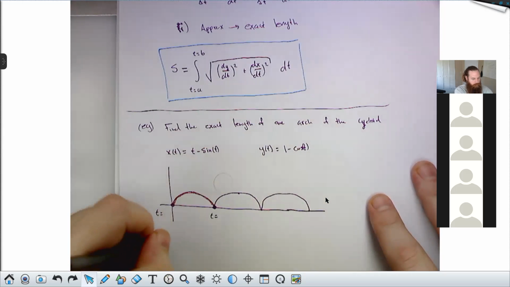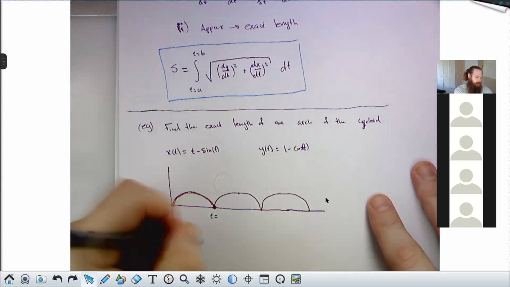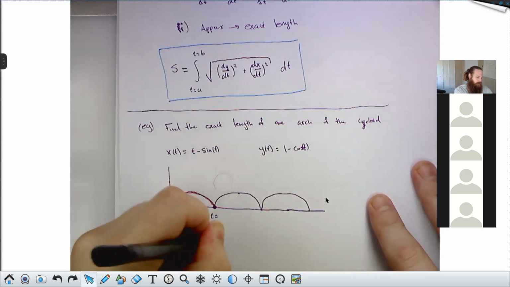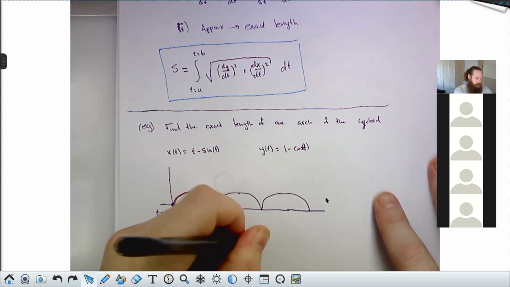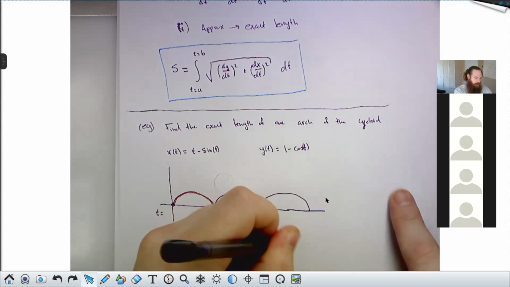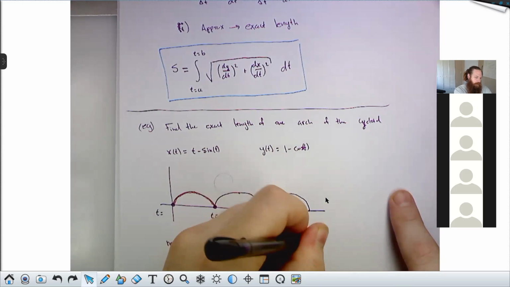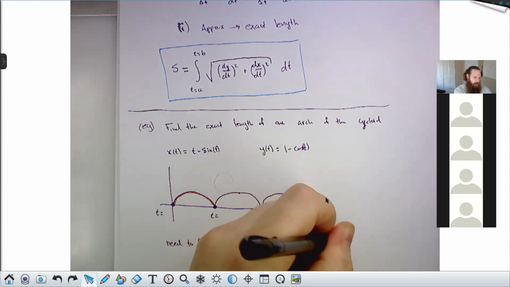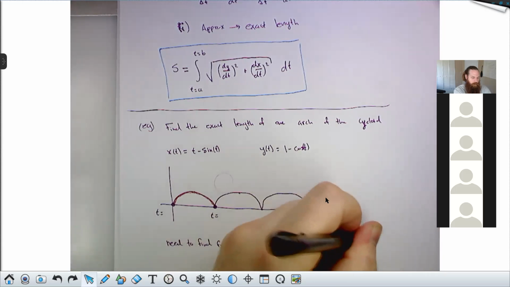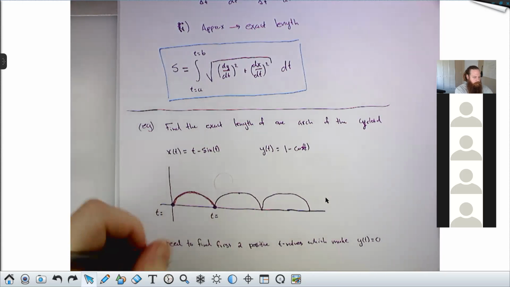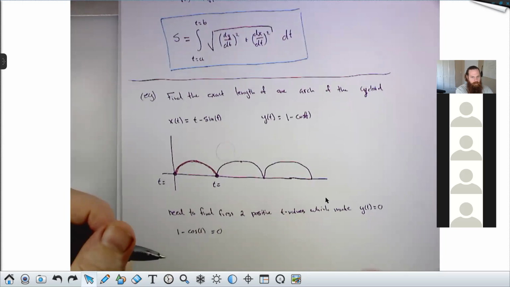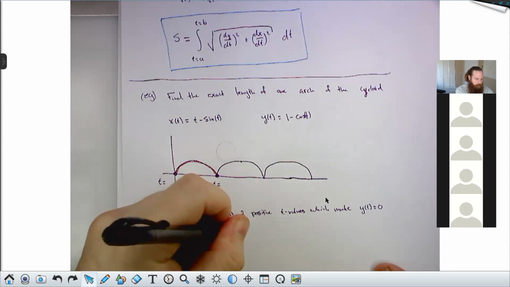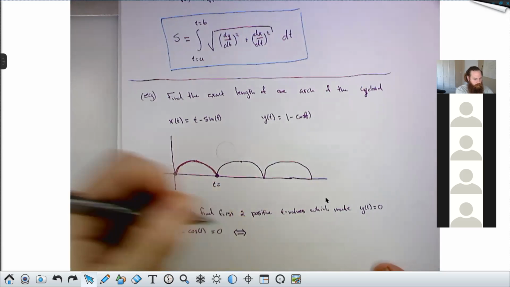So I need to find the first two positive t values which make y of t equal to 0. So I need to solve 1 minus cos t equals 0. And that has infinitely many solutions, but I just need the first two.